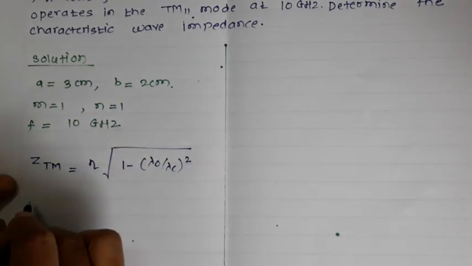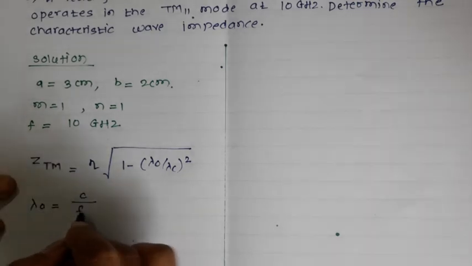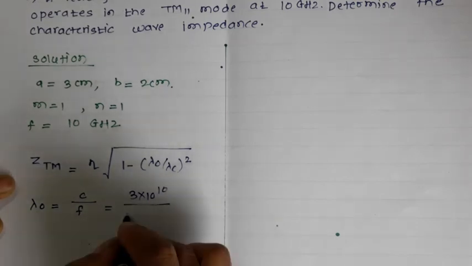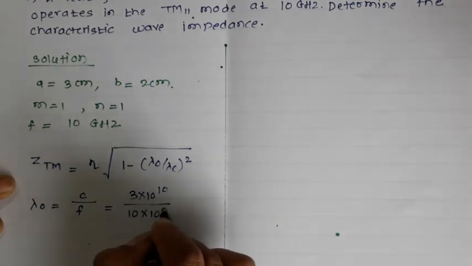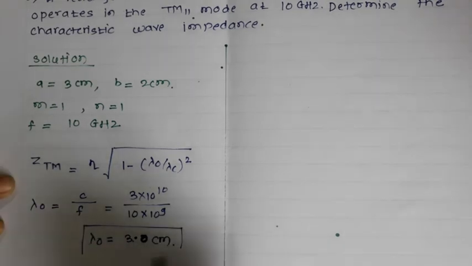Can I calculate lambda 0? F is given, yes. So c by f, 3 into 10 raised to 10, I'll calculate it in centimeters divided by 10 raised to 9, which is 3.0 centimeter, means 3. So lambda 0 is equal to 3 centimeters.